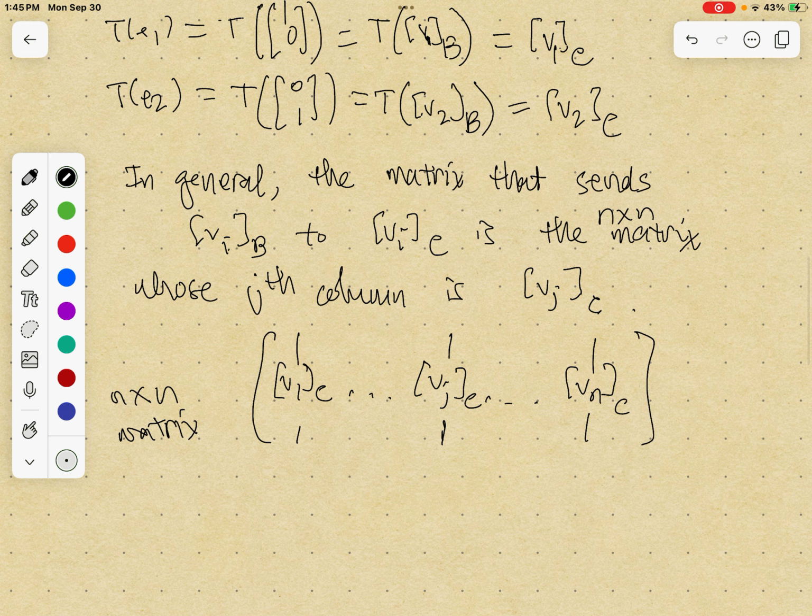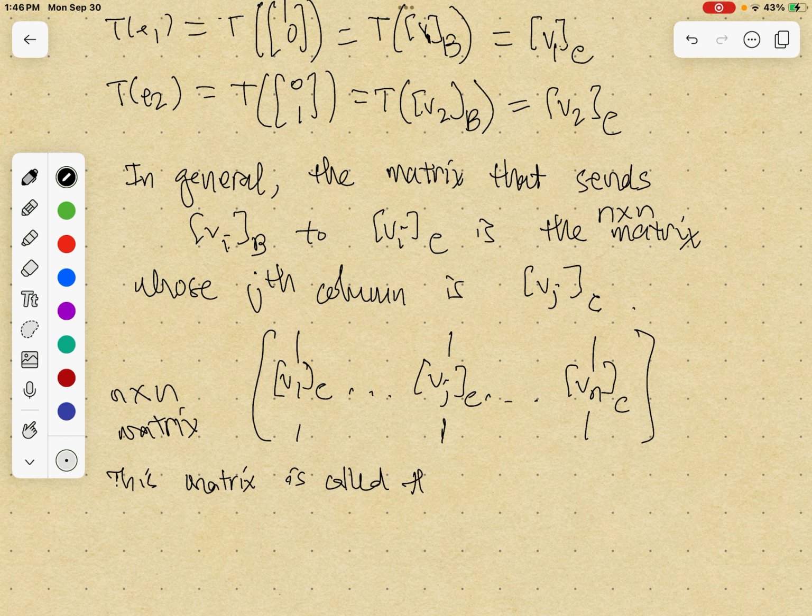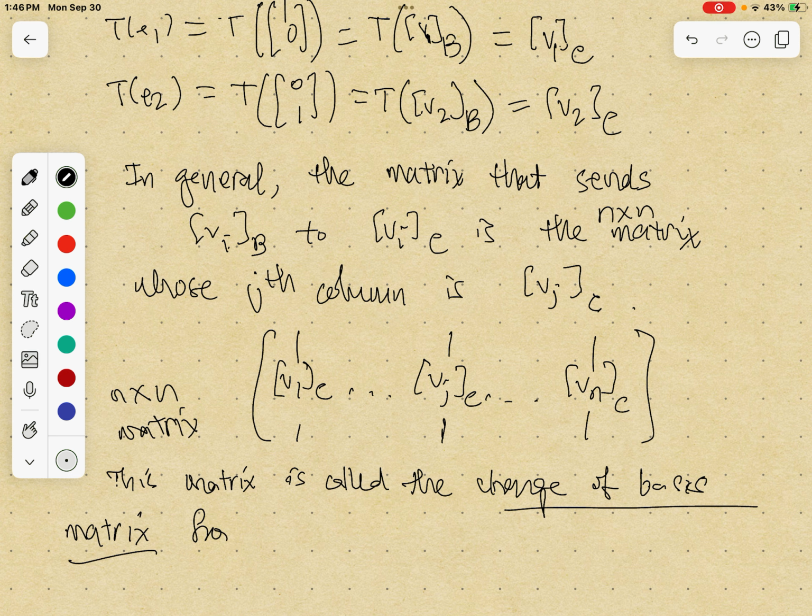This square matrix is called the change of basis matrix from B to C. It converts vectors written relative to B to the way a vector is written relative to C.